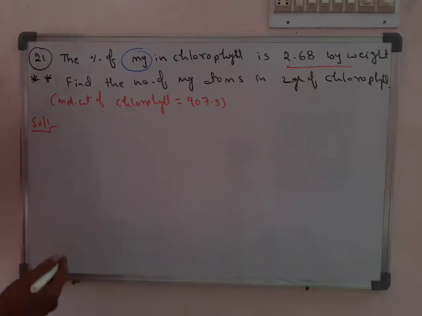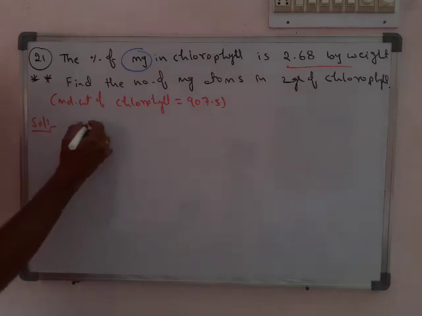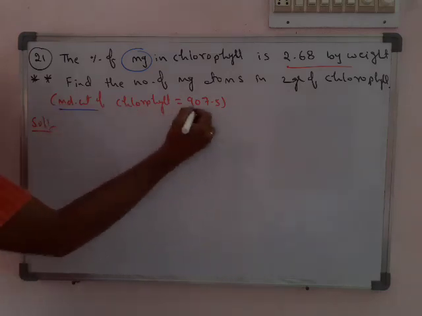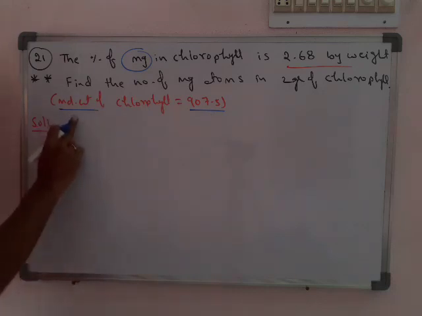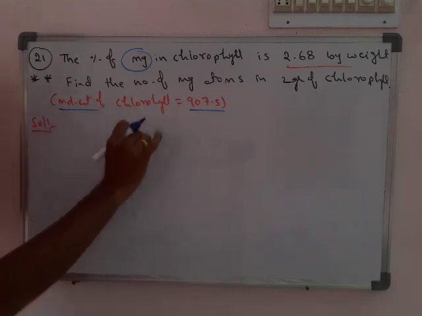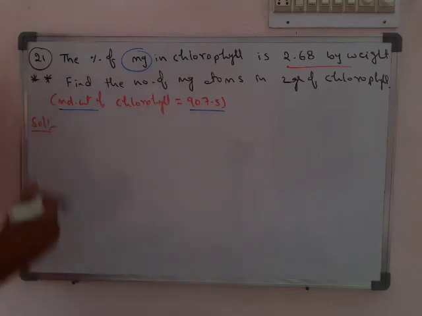Whatever magnesium atoms, in the general question. Molecular weight means the weight of 1 mole. The weight of 1 mole of chlorophyll is 907.5. So in that 1 mole, let us find out the magnesium.